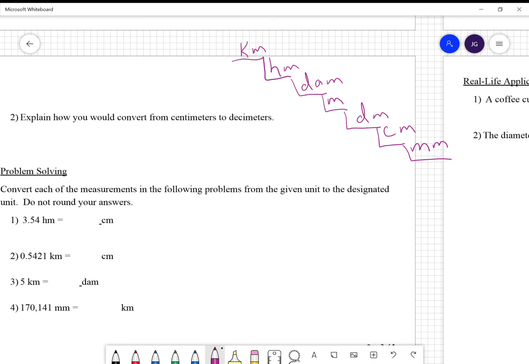I want to convert from centimeters to decimeters. Notice I have no numbers here. They just want you to explain. So I would take my number, whatever centimeters, and I would divide, because I'm going up, by 10 to the first power. Because it was one step.